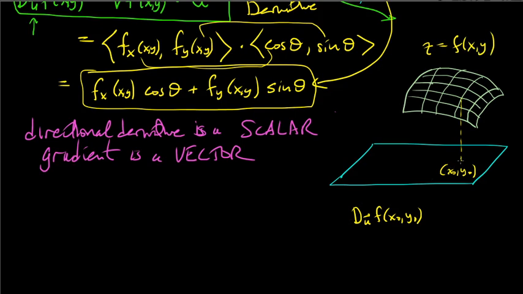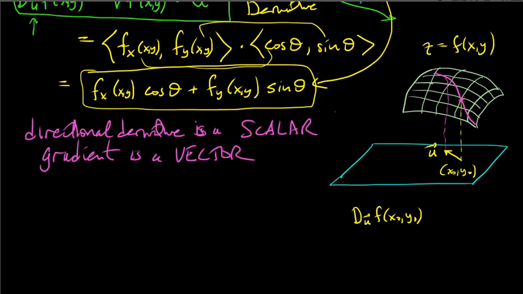Now I have to pick out a direction. Let's say I pick out this direction here. That's my u. Then I go up to the surface here, and I draw a line. I just lift this up to the surface, and I draw the following curve passing through that point on the surface.